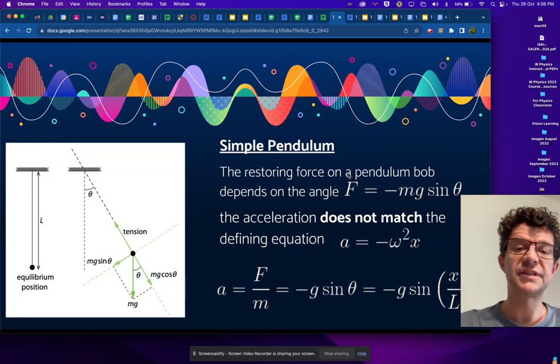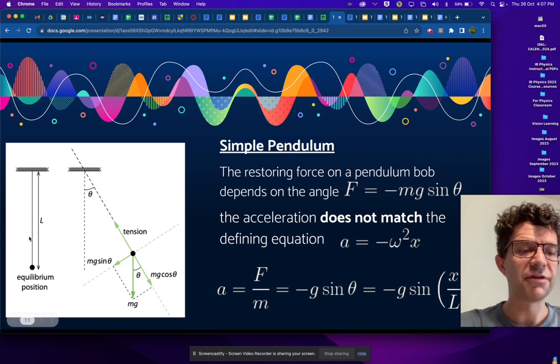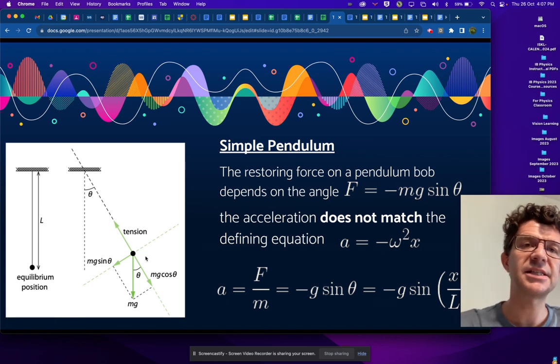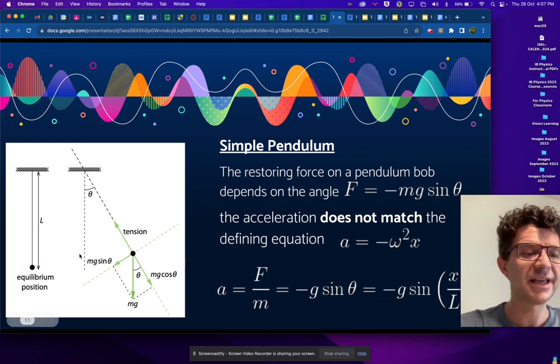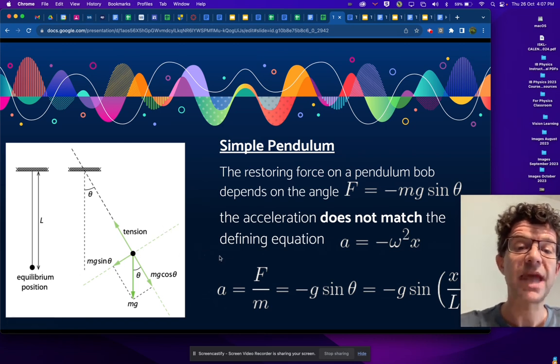The simple pendulum is actually a little bit more complicated because it doesn't end up matching the defining equation. When you think about a pendulum swinging back and forth, perhaps we define the displacement as this arc length that's produced when the pendulum is swinging back and forth, right? On a string, it will follow a circular path. So maybe we call that circular displacement x. And we know that the force depends on the angle.